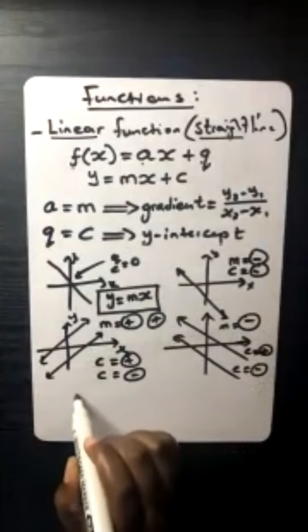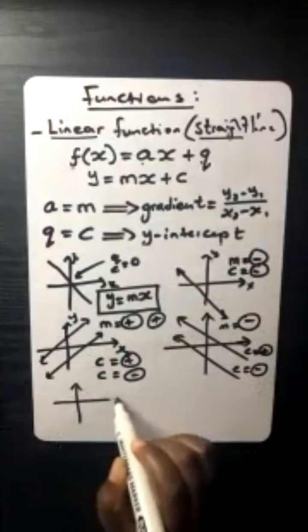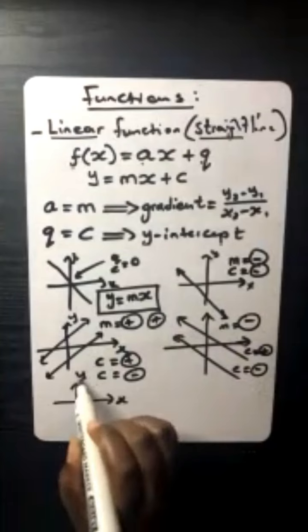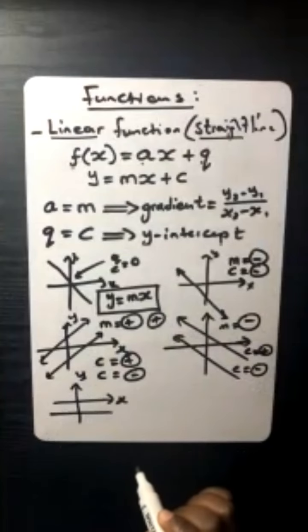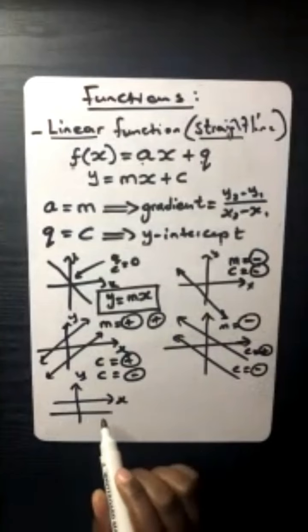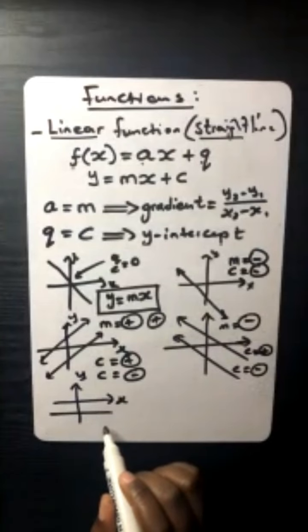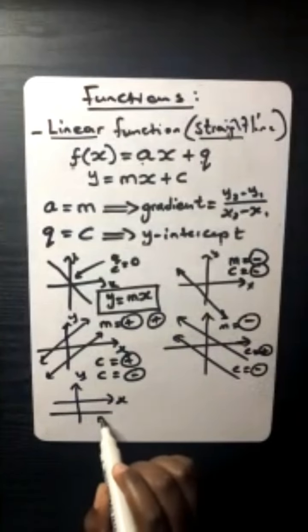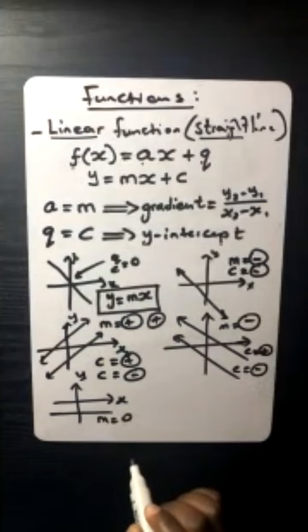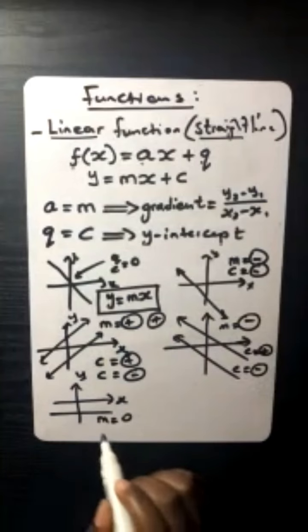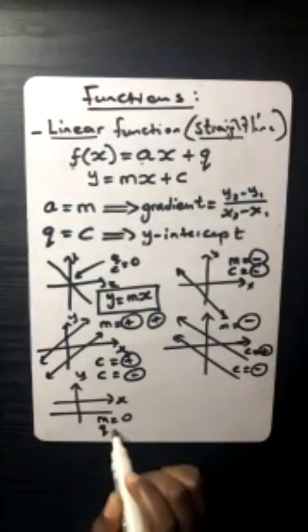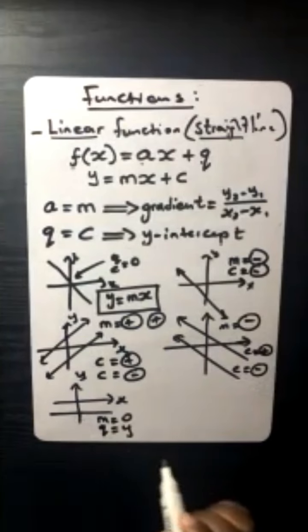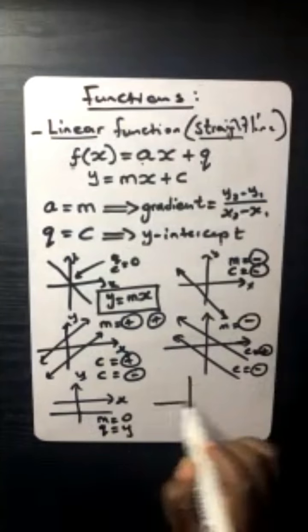And again, we had a Y and X where we've got that straight line where the M is equal to 0, and then your Q is equal to whatever Y value that it is.